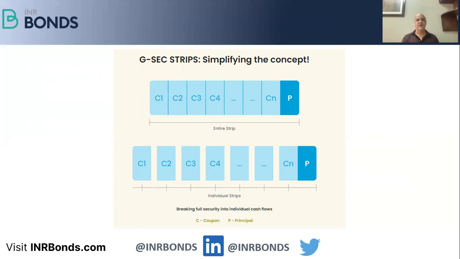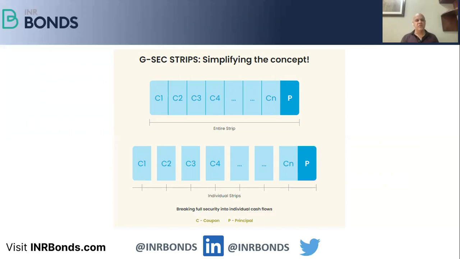So the principal also is traded, and that also is a bond. So there are totally 11 bonds. In that sense, there are only 10 bonds because the last interest will be paid along with the principal, and that may be treated as one bond or it could be treated as two bonds.